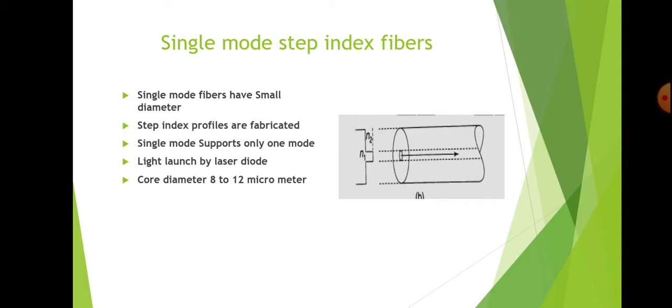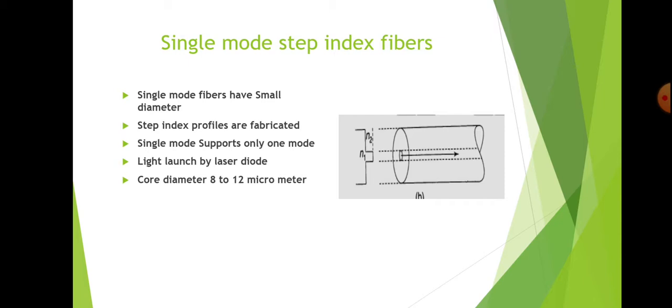In a single mode step index fiber, the diameter is small and it is very difficult to fabricate a graded index profile, so single mode fibers with only step index profiles are fabricated.